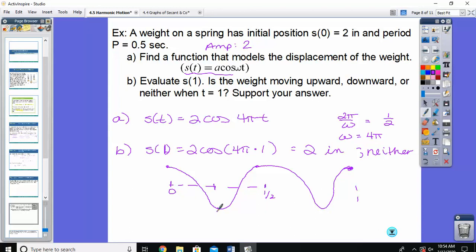If I said after a third of a second, is it going up or down? Down. We know this would be, oh, would it? This is a fourth. As a third. Oh, it's bigger. Third is bigger than a fourth, so you'd be going back up. So if you draw yourself just a really rough graph, you can answer a lot of those questions about is it up or down, when does this happen? Any questions there?